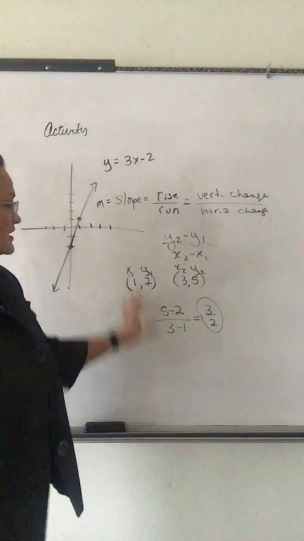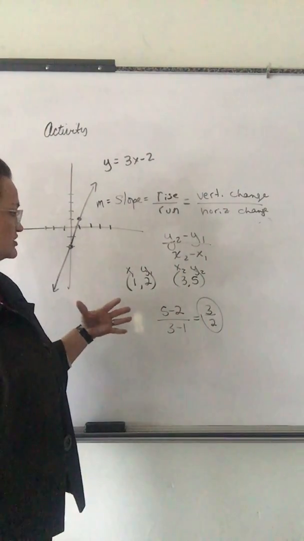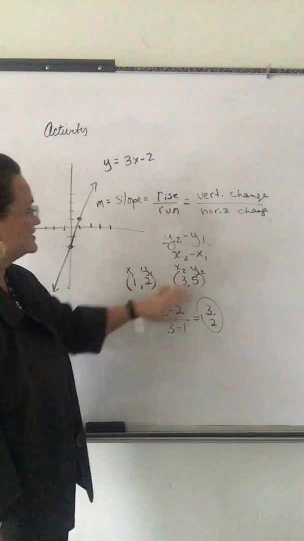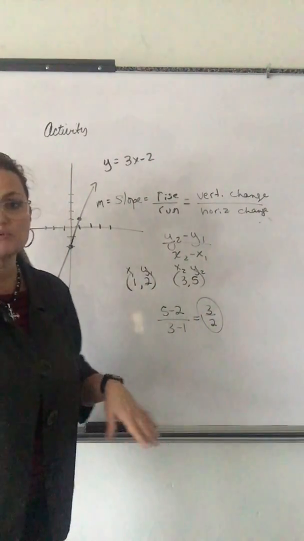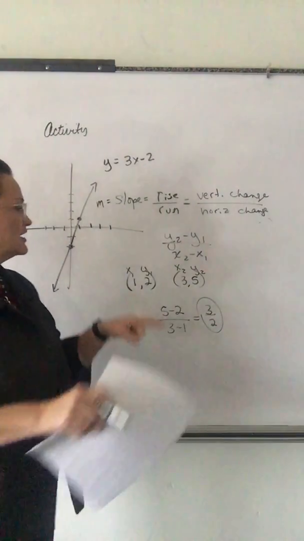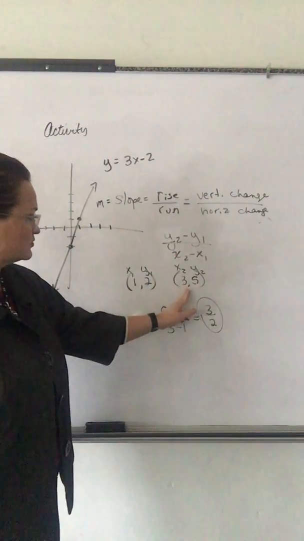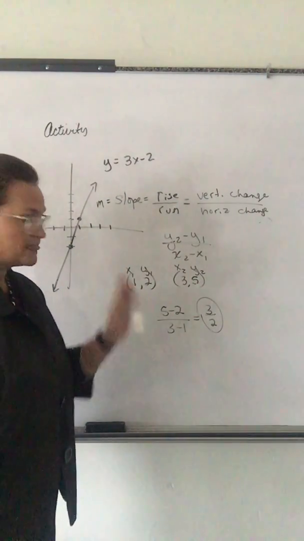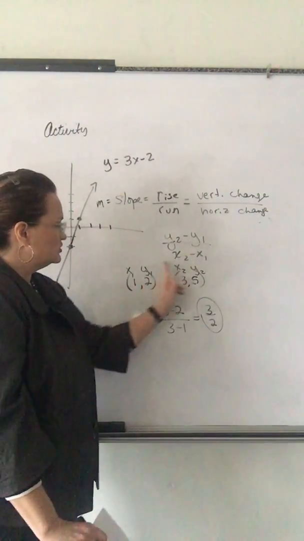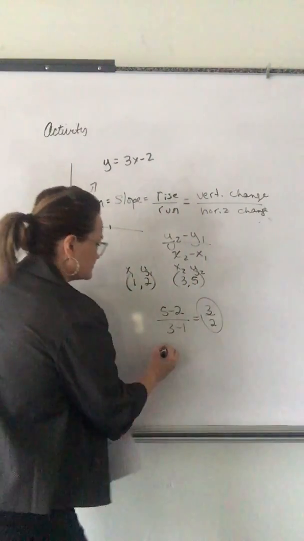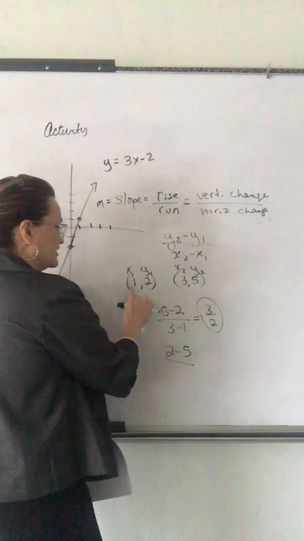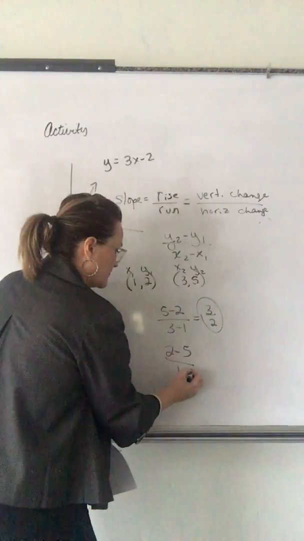Now, just to note, you could actually rearrange your points and consider this point 1 and this point 2. You just need to be consistent in which way you subtract. If I go 5 minus 2, I need to go 3 minus 1 for my x's. I could also have said 2 minus 5, but then I need to do 1 minus 3.